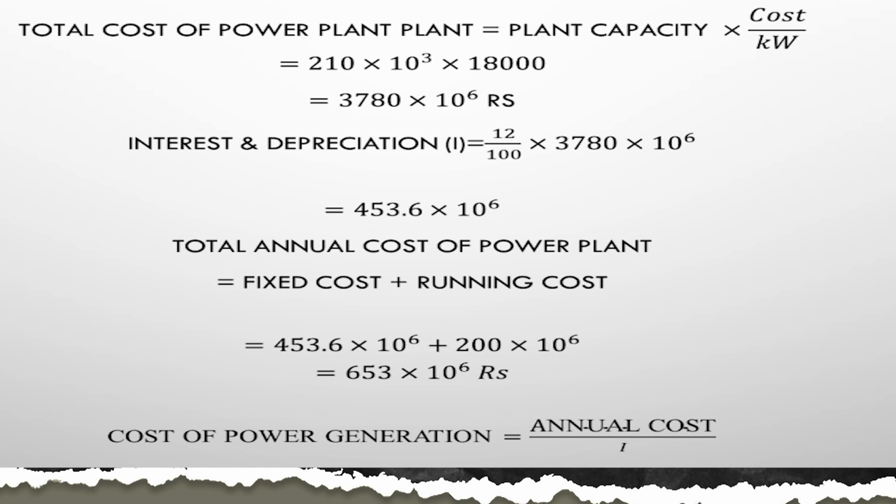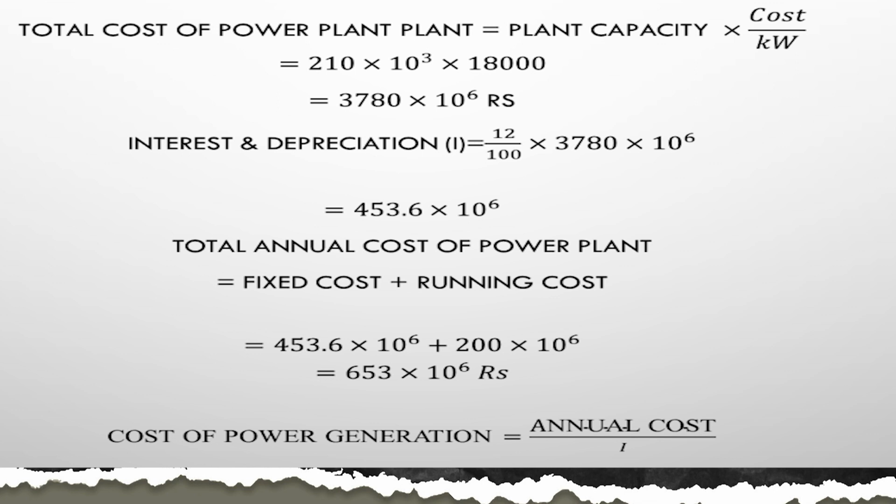So total annual cost of power plant will become now how much? You may say fixed cost plus running cost, so total cost is equal to fixed cost plus running cost in rupees: 453.6 into 10 raised to 6 plus 200 into 10 raised to 6.